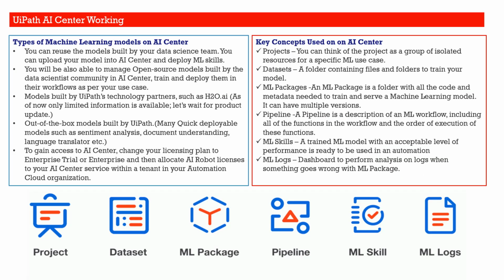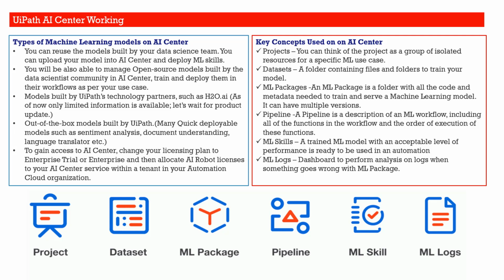So this way you should be able to train your ML package. So let's quickly understand the key concepts used in AI Center. So we have projects, datasets, ML packages, pipelines, ML skills and ML logs. What do these refer to? A project is nothing but, you can say, a folder, right?